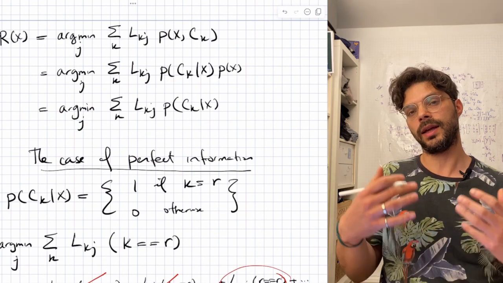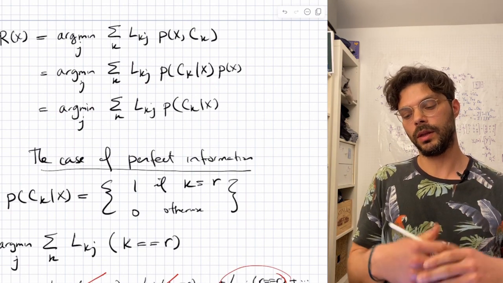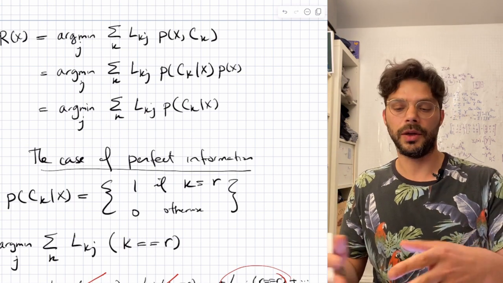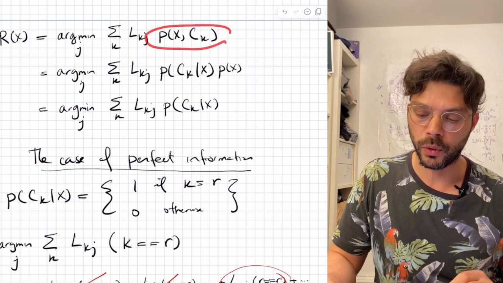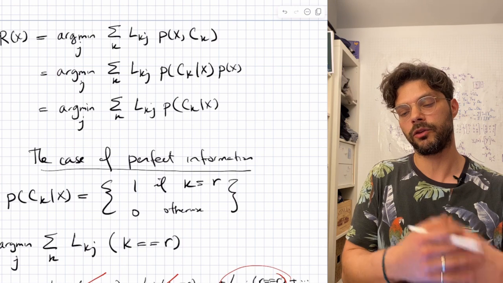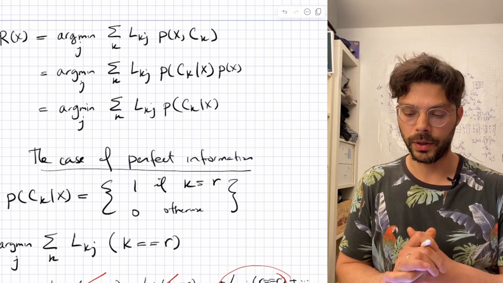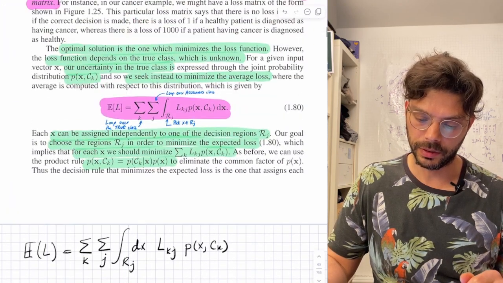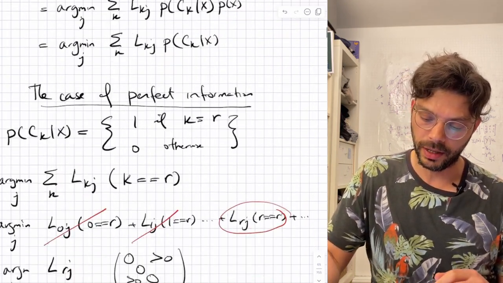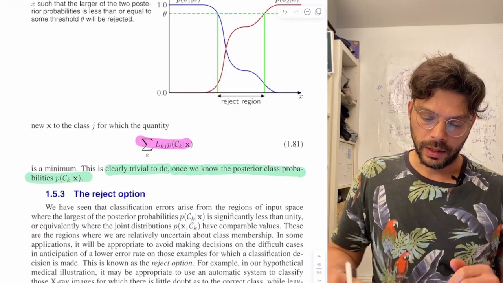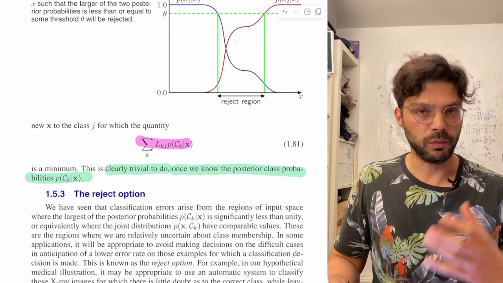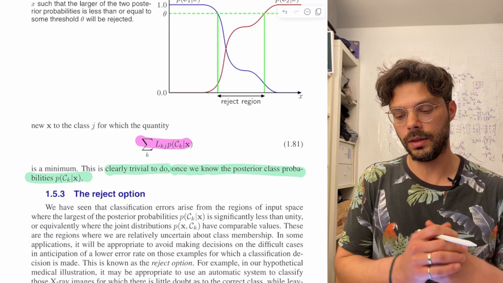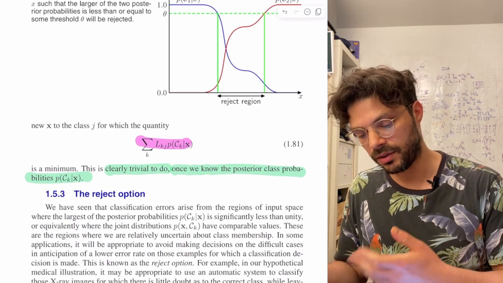So the rule is assigning the class that has the lowest expected loss, where the expectation is computed either using the joint probability or equivalently using the posterior probability of the true class given the data point. The section concludes with what we talked about, that we can equivalently minimize the expected loss using the posterior probability.